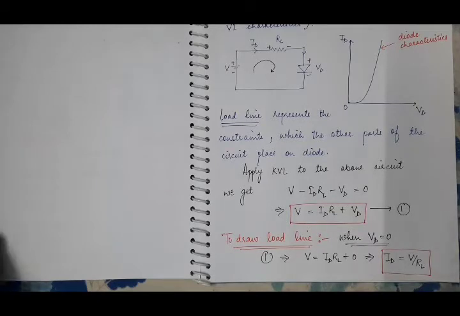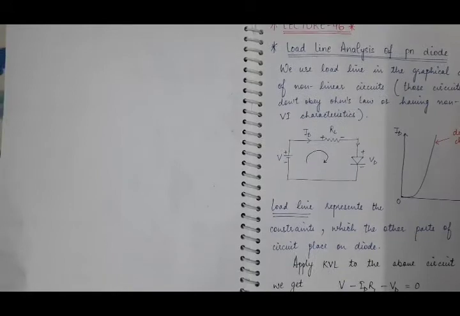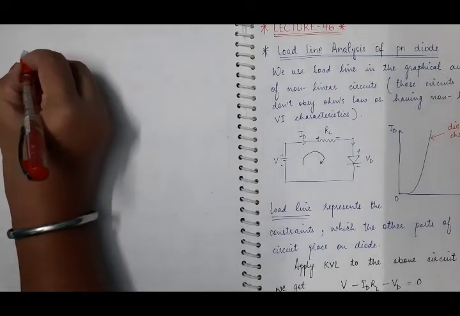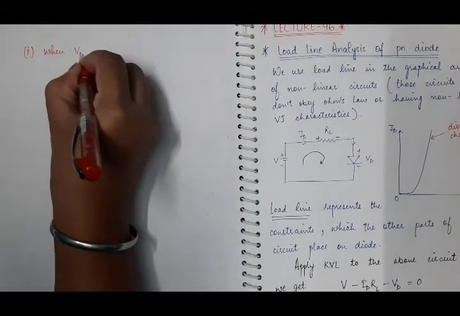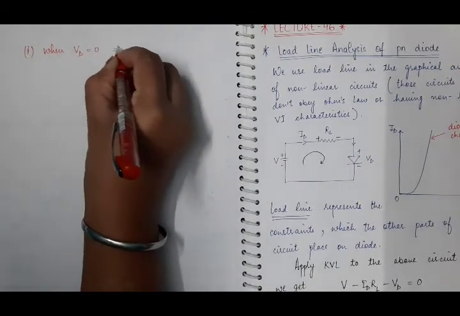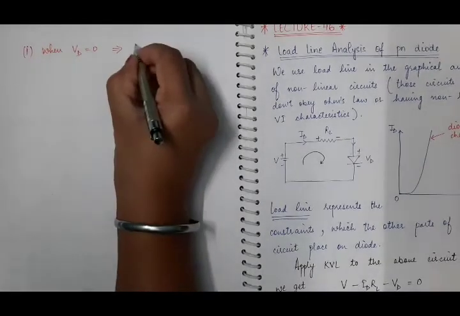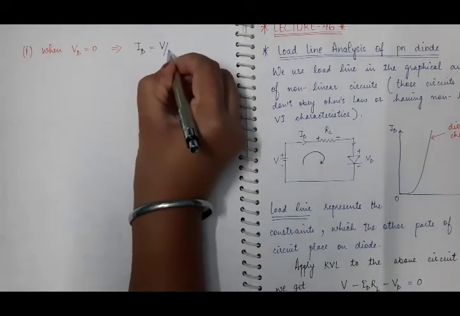So we have this point: when VD is equal to 0, ID is equal to V by RL.